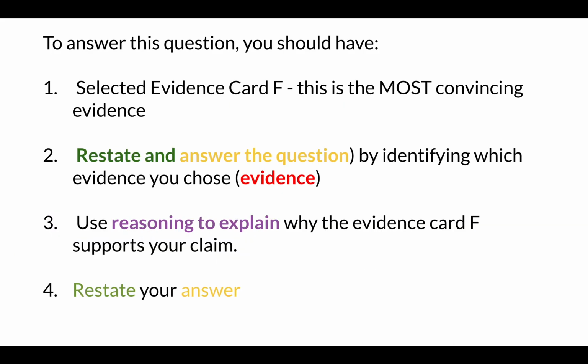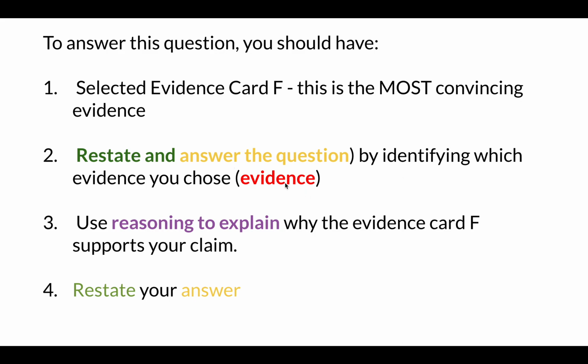All right. So remember to answer the question, and the question is, what geologic process formed the channel on Mars? You need to first of all use your strongest piece of evidence. So this is evidence card F. It's the most convincing, so we want to start with that. You need to restate and answer the question by identifying which evidence you choose.